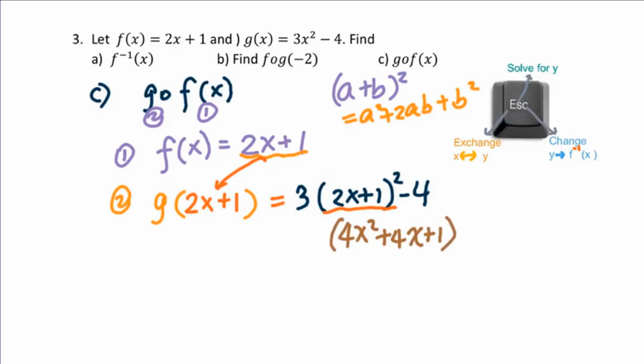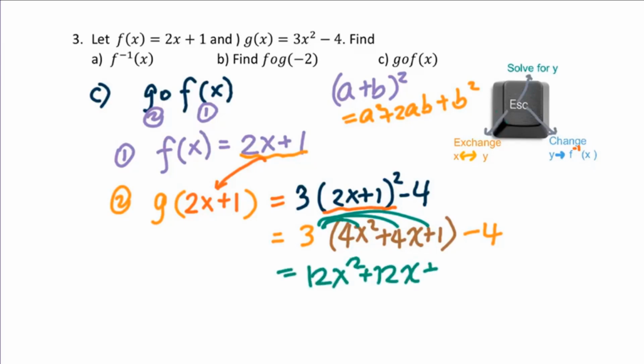Then we drop down this 3. Drop down minus 4. Then we do the distributive property here. Then we got 12x squared plus 12x plus 3 minus 4. Combine like terms, we got 12x squared plus 12x minus 1.